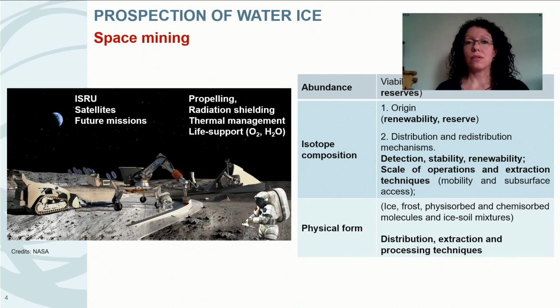Knowing the abundance of the water ice will help to estimate whether these water ice deposits can be considered as resources, and knowing the isotope composition will give information about the lunar water origin, distribution and redistribution mechanisms, and those two things will help to estimate the renewability, and in turn help to estimate whether they can be considered as reserves.